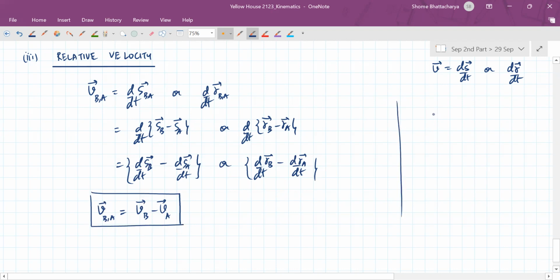So whether we are talking about relative position, it is a vector difference of the individual positions, or relative displacement, a vector difference of individual displacements, or now we can see relative velocity becomes V_B minus V_A.